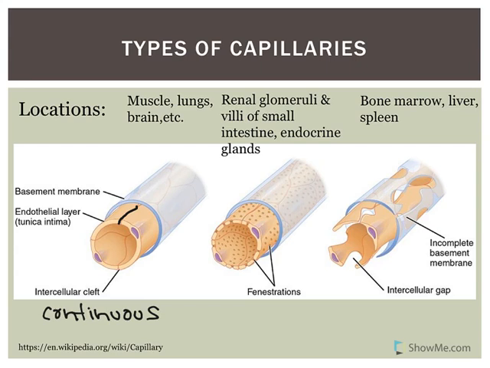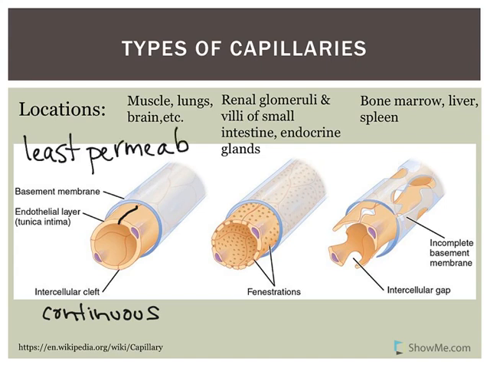If you have a gap in there, yes, things can sneak through, but if you don't, the only things you're going to get through are things that are very lipid soluble, like gases and very small ions, very small molecules. So a continuous capillary, of all the three types, is the least permeable.